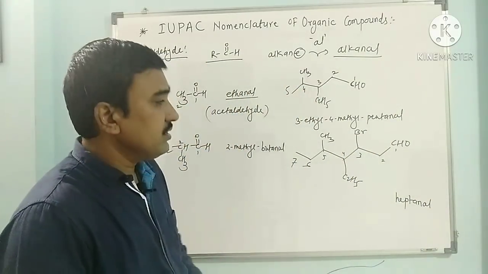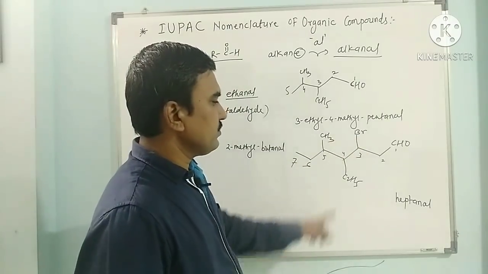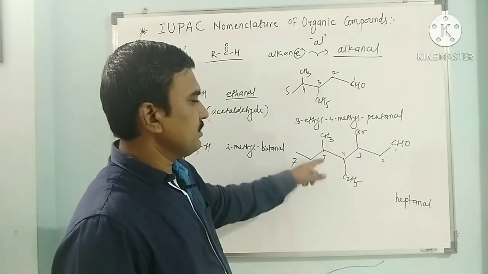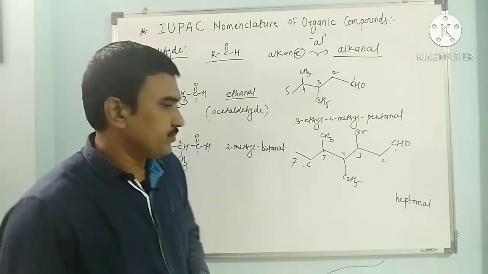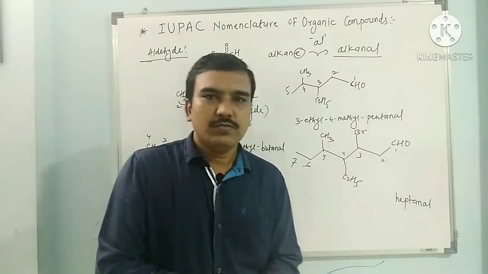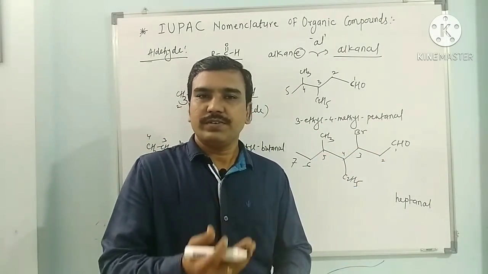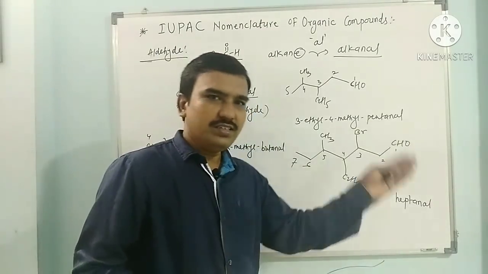But then we have to see how many other groups are present here. Bromine is attached to the third carbon, ethyl to the fourth carbon, while methyl is attached to the fifth carbon. Then see alphabetical order. Ethyl, bromo, methyl. Tell me which one comes first? Definitely B. So bromo, followed by ethyl, then methyl.